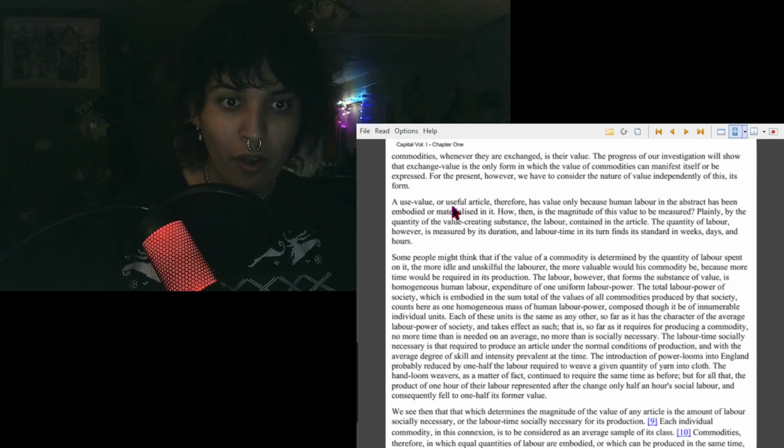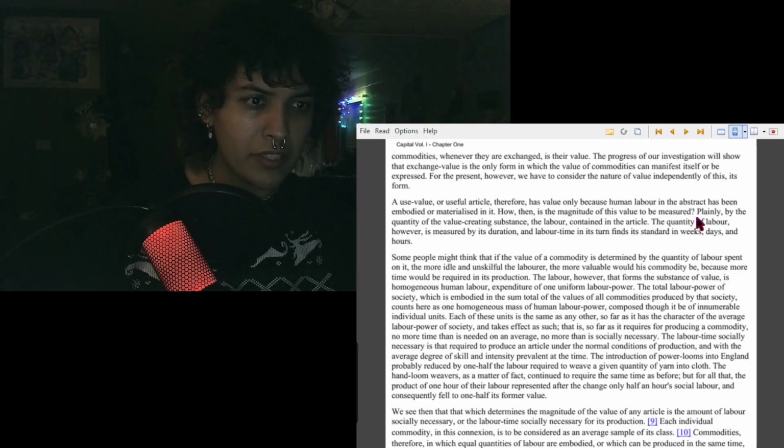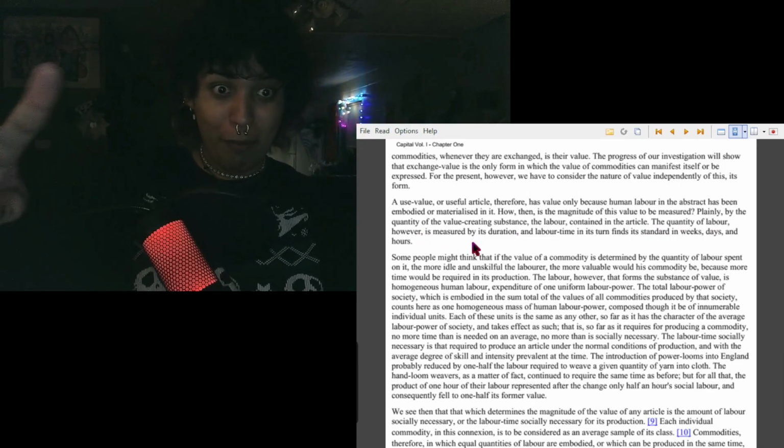A use value, or useful article, therefore has value only because human labor in the abstract has been embodied or materialized in it. How then is the magnitude of this value to be measured? Plainly by the quantity of the value-creating substance, the labor, contained in the article.